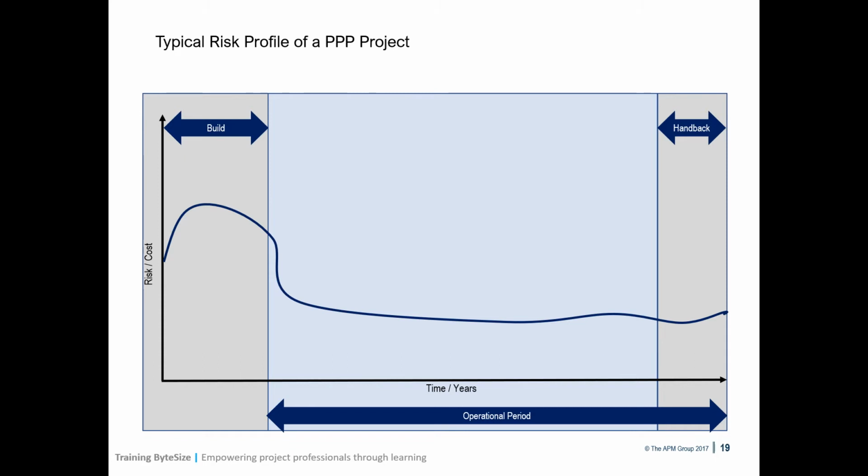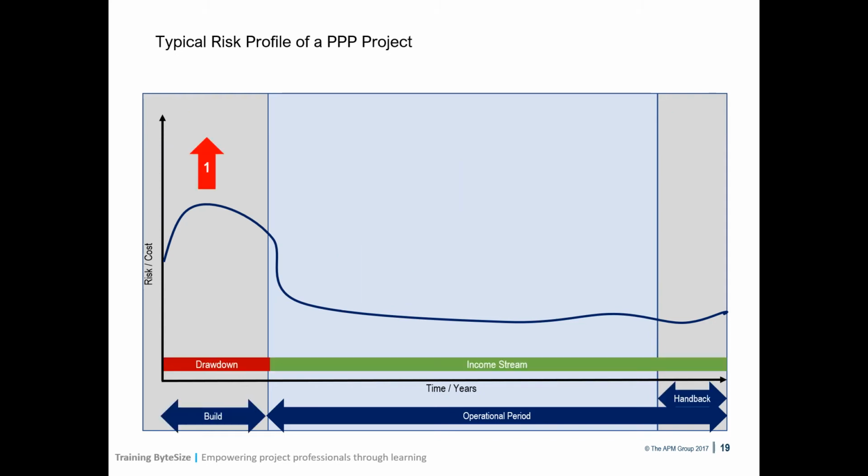So let's continue to look at the risk profile of a typical public-private partnership. Here we have the line, which is the perceived level of risk in the deal at any point in time. And that is shown as being very high during the first period, during that construction period.